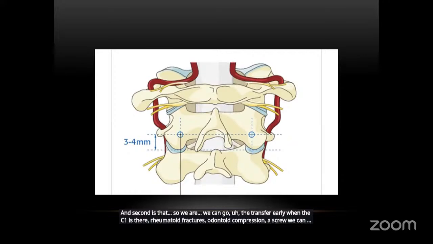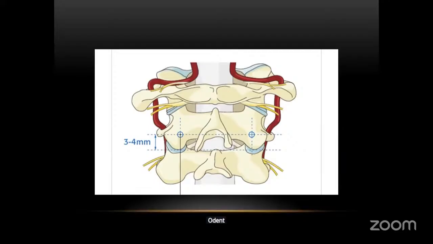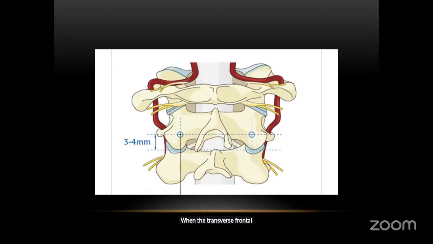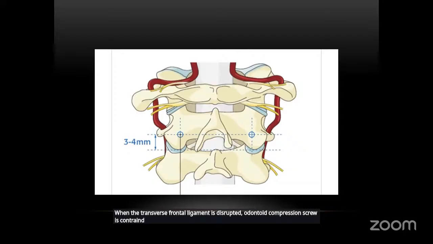But remember one thing: an odontoid compression screw will be applied only in one condition, when the transverse atlantal ligament is intact. When the transverse atlantal ligament is disrupted, the odontoid compression screw is contraindicated. Then we have to go for C1 C2 fusion, again posteriorly.